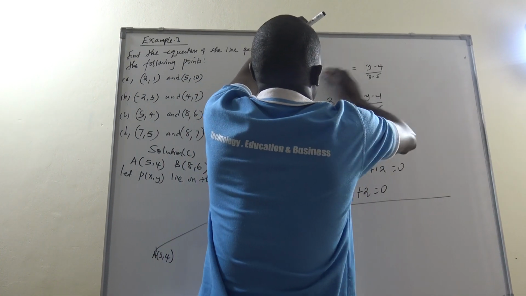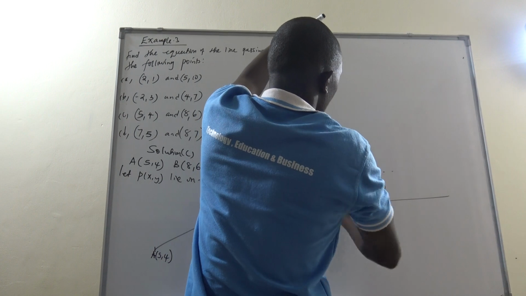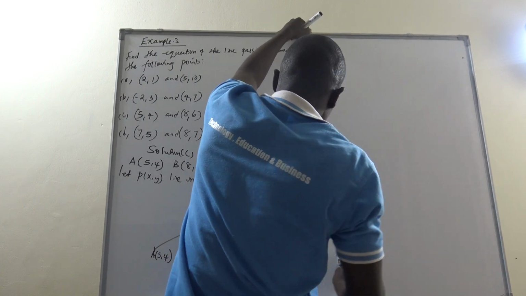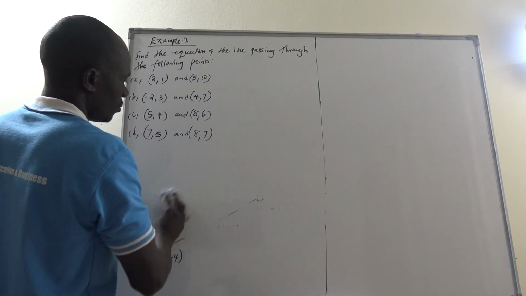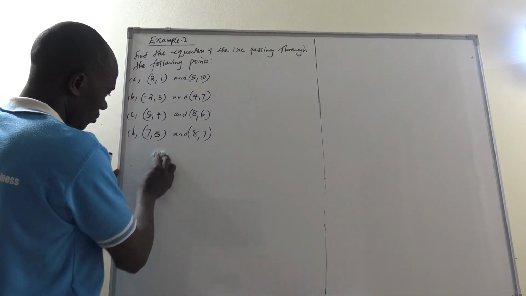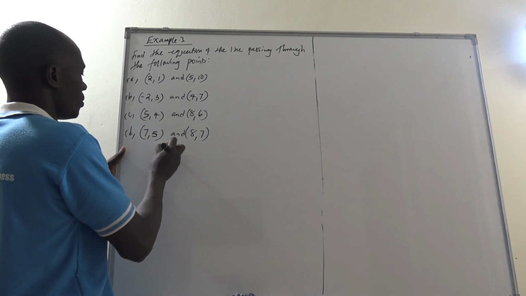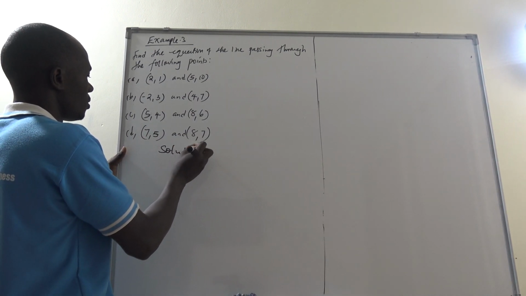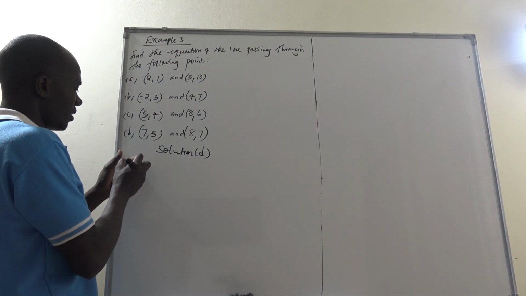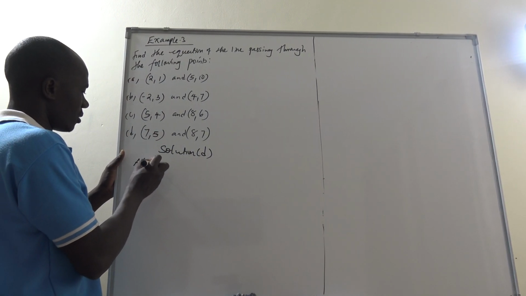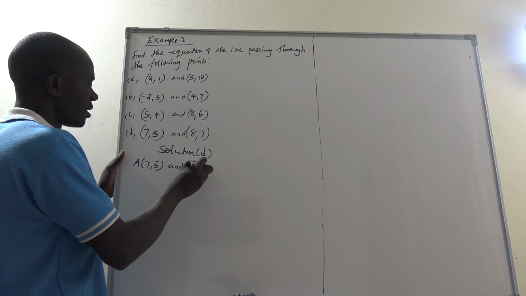So we now get to solution D. We are going to the solution of part D. We are given point A as 7, 5 and B as 8, 7.